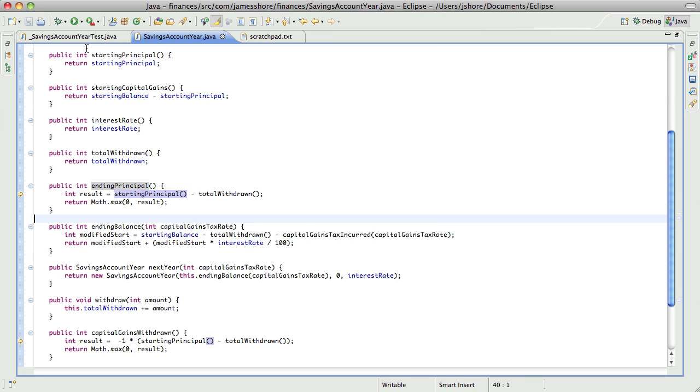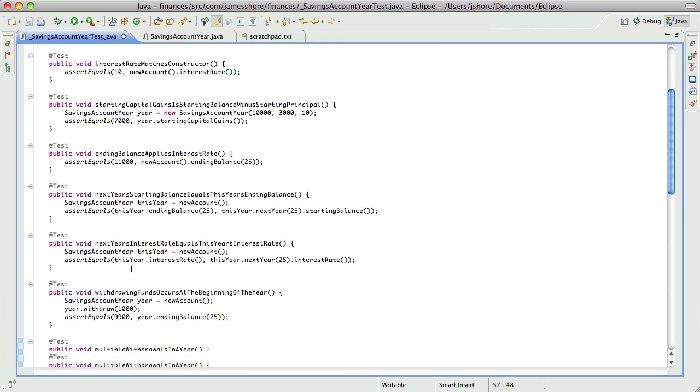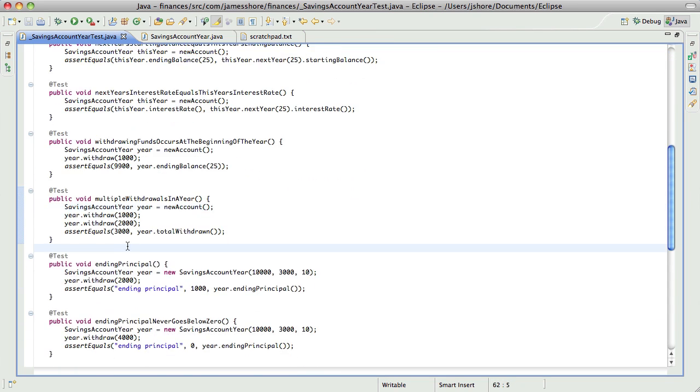Let's put in an ending capital gains. Starting principal matches constructor.